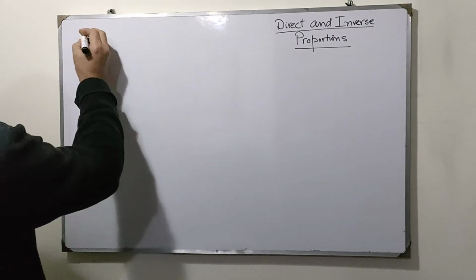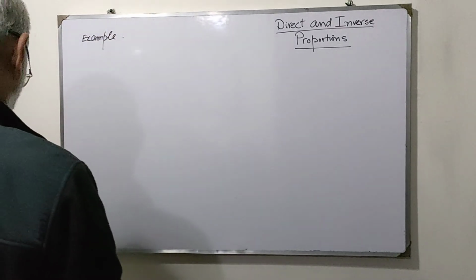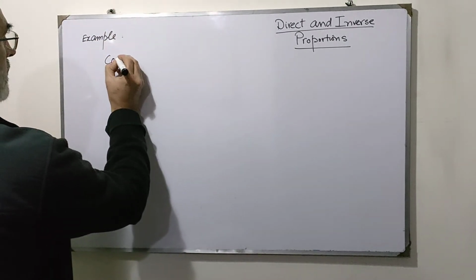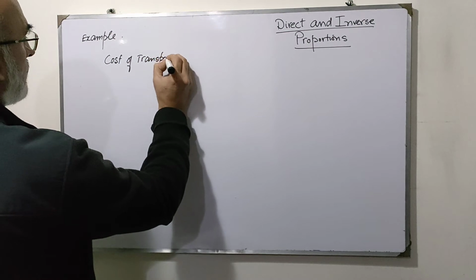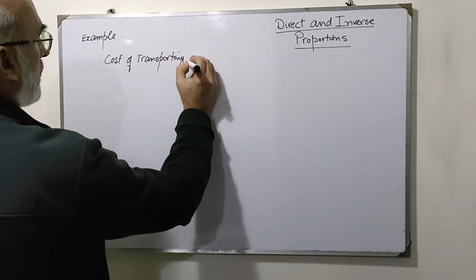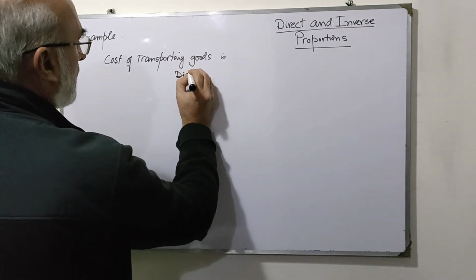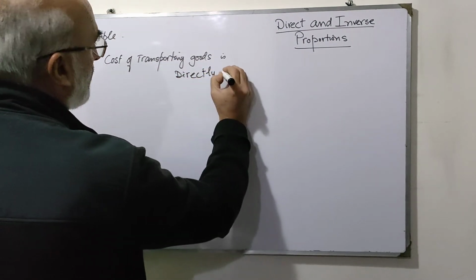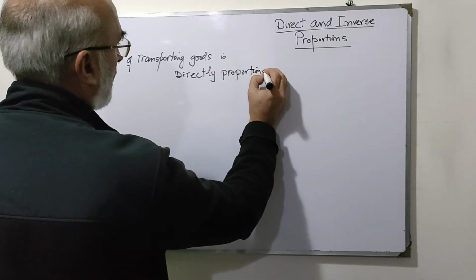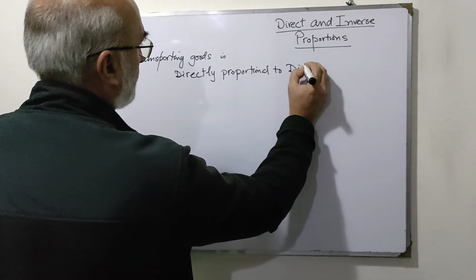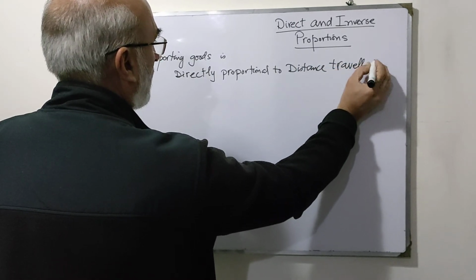Suppose, for example, the cost of transporting goods is directly proportional to distance traveled.